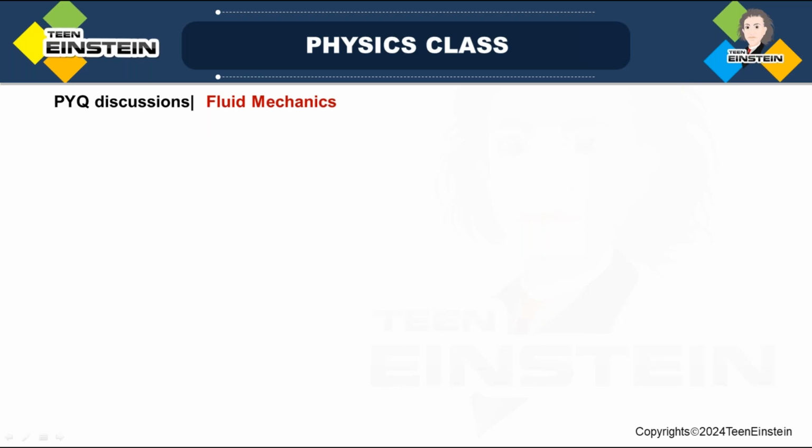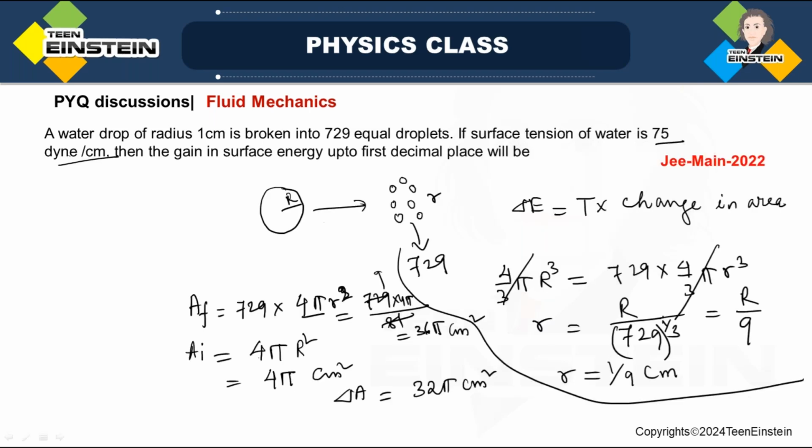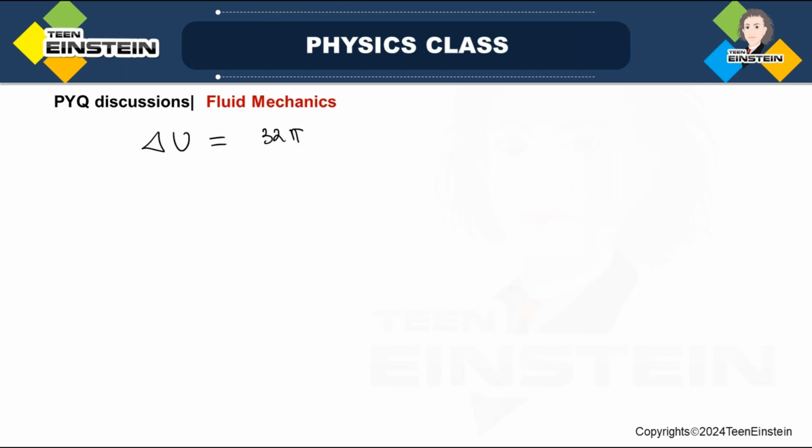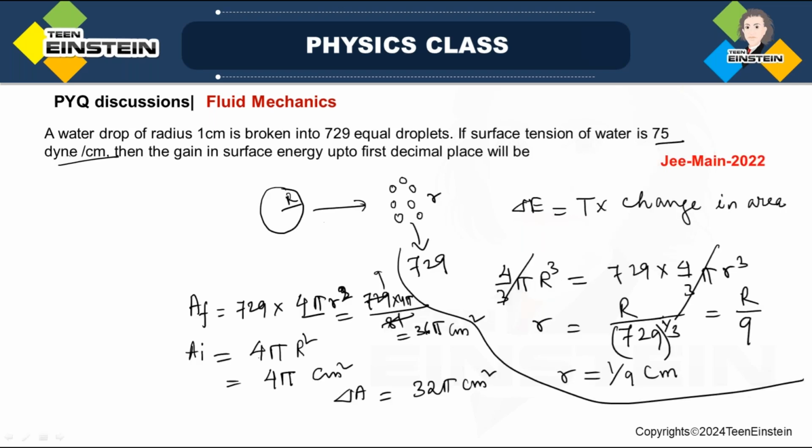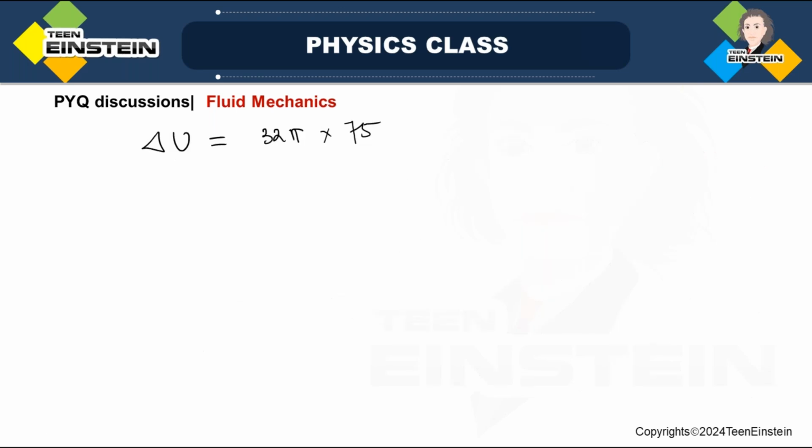Now see what is the change in surface energy. Let me write that as delta U. This will be 32 pi into 75 dyne per centimeter. This is centimeter square, and this is dyne per centimeter.